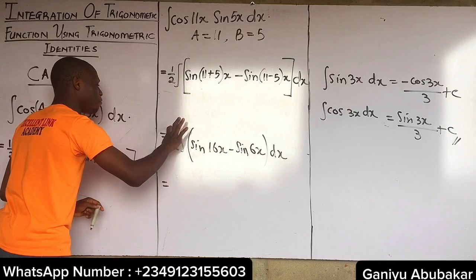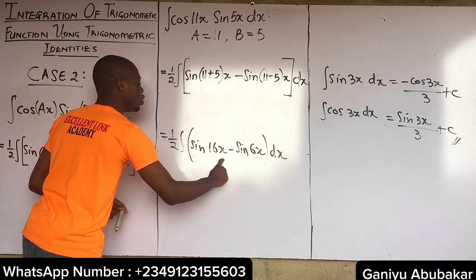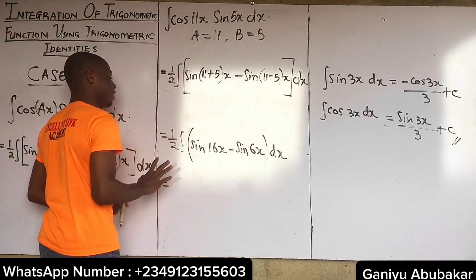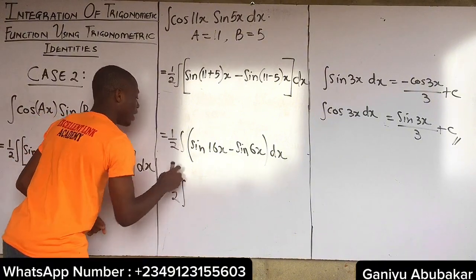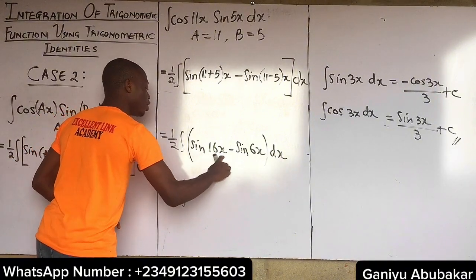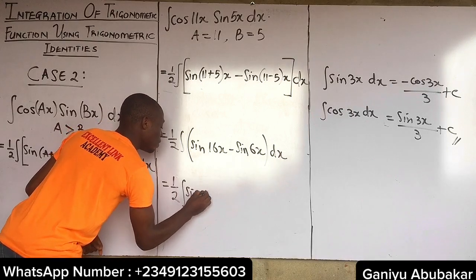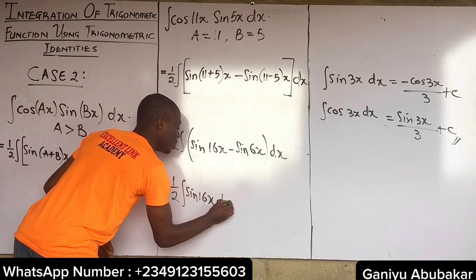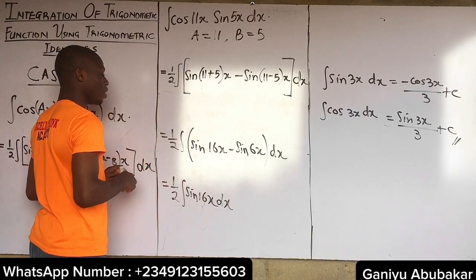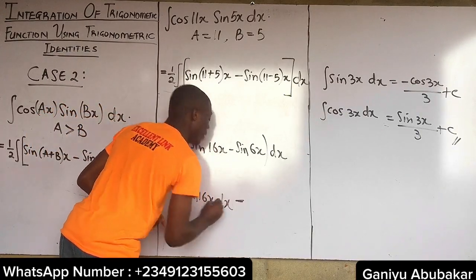I'll use 1/2 an integral to multiply this one, attach the dx to it. So pick out 1/2 the integral, this one here, multiply with this sine 16x, attach the dx to it. I'm done. This is minus, I have a minus sign here.